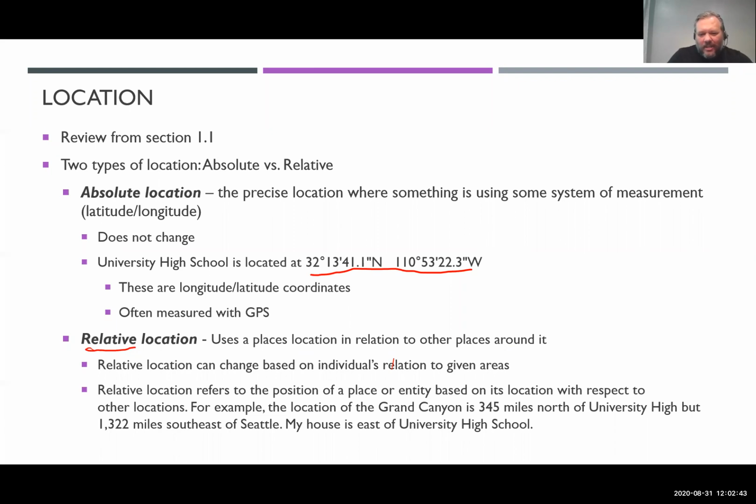With respect to University High School, the Grand Canyon is north of University High School. University High is 1,300 miles southeast of Seattle. So you get the idea. It's all relative to other things.